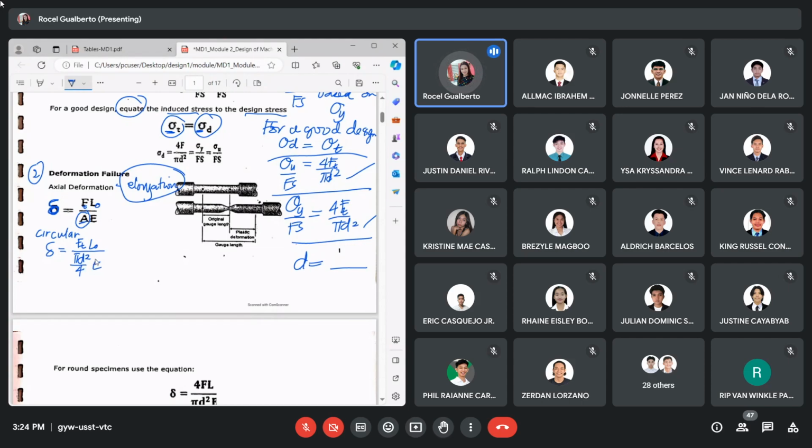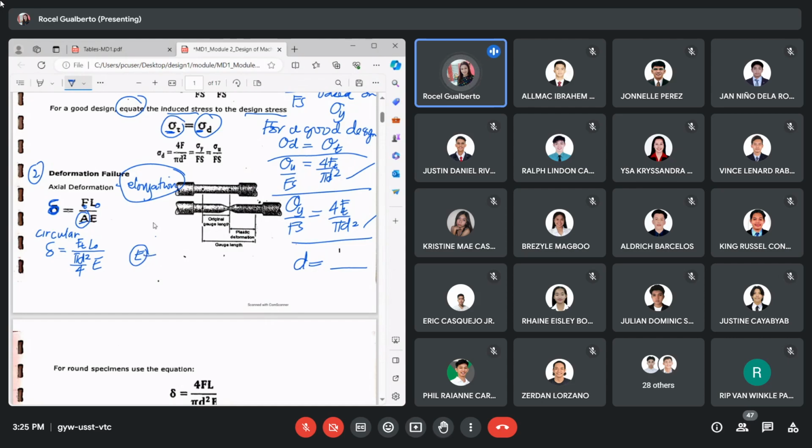And then we have here the value of E. Okay? So again, ang tawag po natin sa E is the modulus of elasticity. So saan po natin makukuha yung value ng modulus of elasticity? So given a particular material, dun din po sa kinukunan natin ng sigma U and sigma Y values, dun din po natin kukunin yung value ng E.